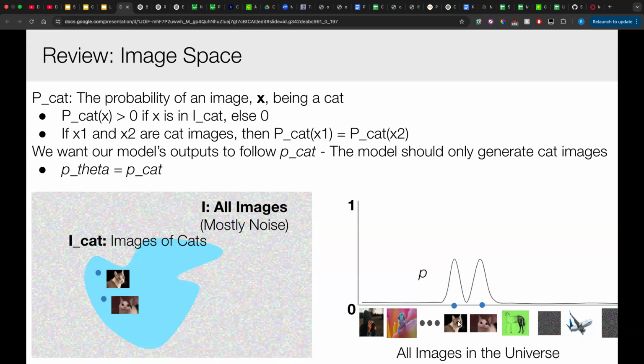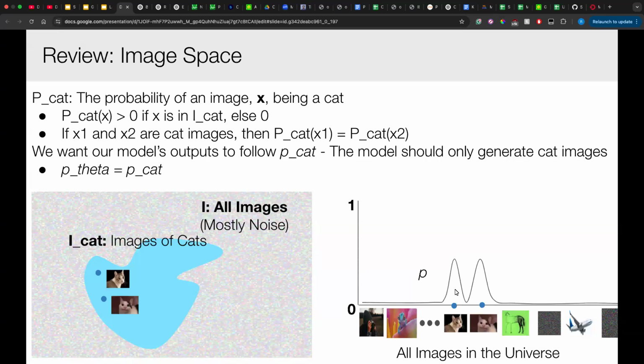In this case, if cat is just all conceivable images of cats, we would want a positive probability value everywhere there's a cat. The reason it's some positive value is that, by the rules of a probability distribution, all of these probabilities must sum to 1, and second, they all have to be non-negative.